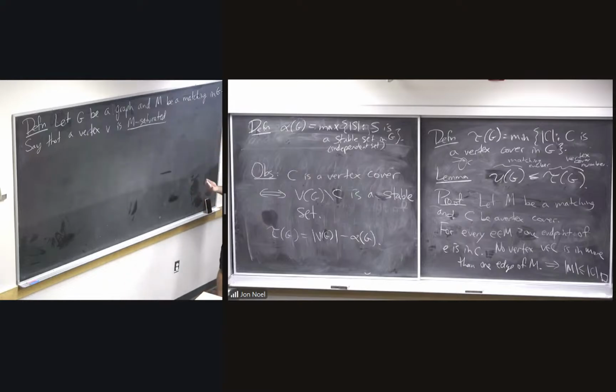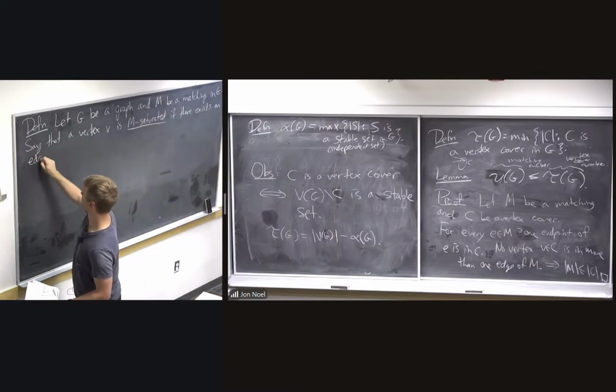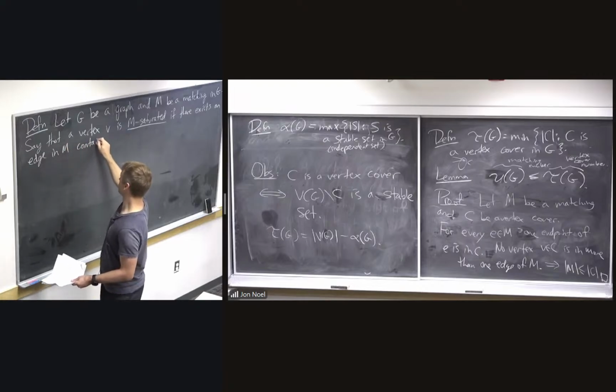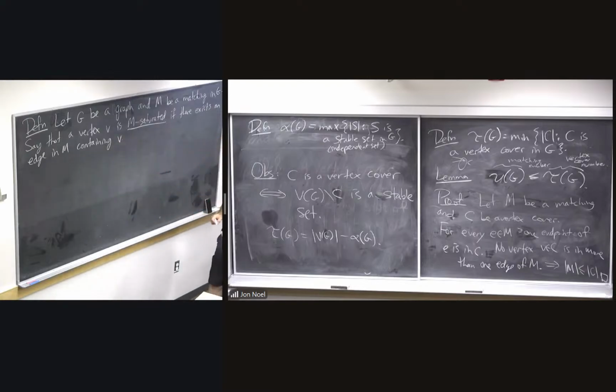All this is going to mean is that there's an edge of M that has V as an endpoint. So if there exists an edge in M containing V. Okay. So in other words, if we're trying to make a largest matching, we're trying to make a matching that saturates as many vertices as possible.